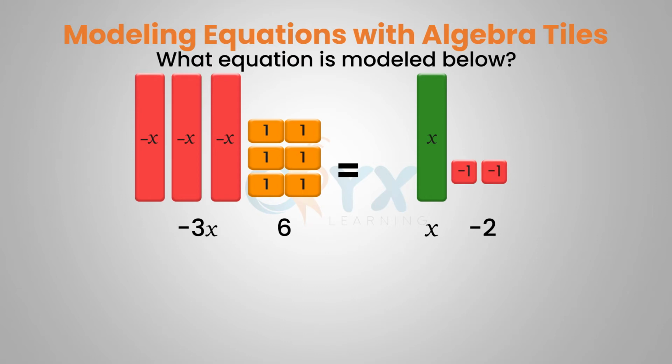So if I combine these together, -x plus -x plus -x is -3x. The 1's, if I combine them together, 6 1's gives me 6. On the other side, I have the one green rectangle that's represented by x, and a -1 and a -1, which gives me -2. So negative 3x plus 6 equals x minus 2.